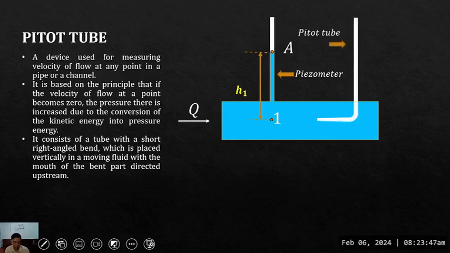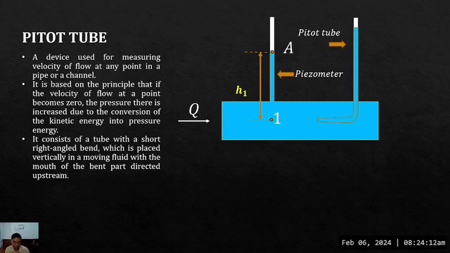And then yung pitot tube naman, yan yung in-insert natin na right angle yung kanyang bend sa may baba. So yung pointed end niya, it is inserted against the direction of the flow. And of course, water as well will rise.